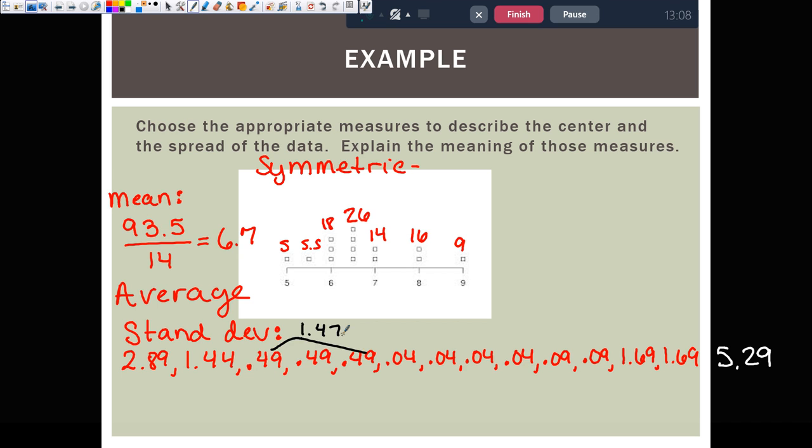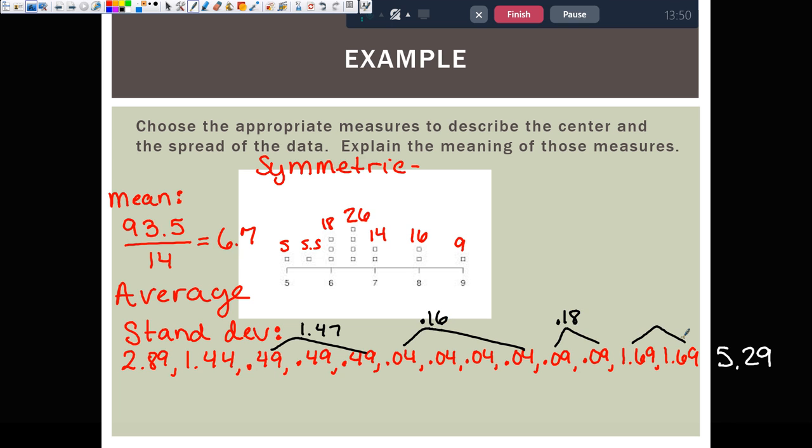And 0.04 times 4 is 0.16. 0.09 times 2 is 0.18.